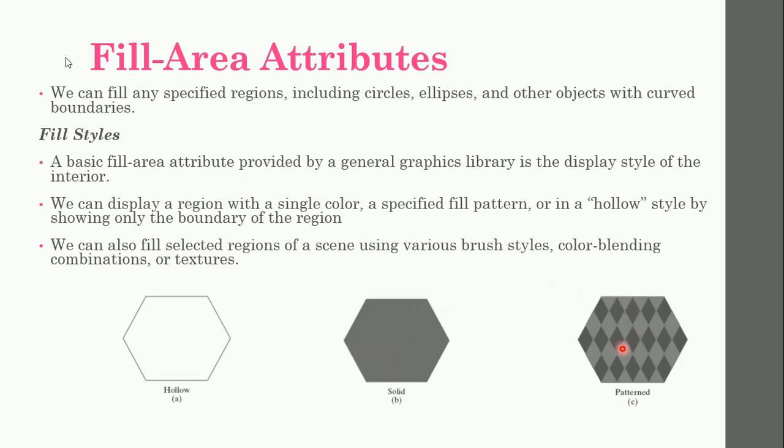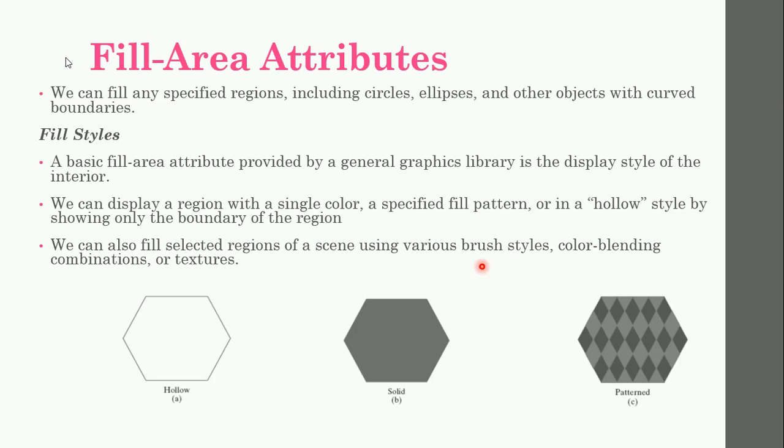Another way of displaying a hexagon is the pattern style, where you have a tile-like pattern. These are the different styles provided by the graphics library. We can also fill any selected regions of the scene using various brush styles, color blending combinations or textures. We have shown only three kinds here, but there are other styles also provided by the graphics library.